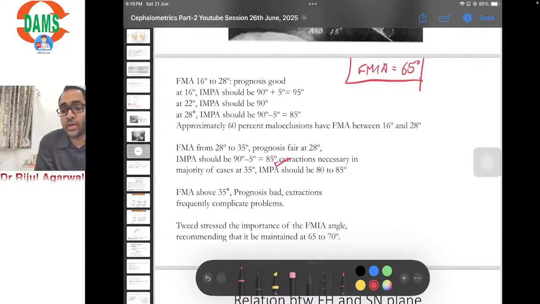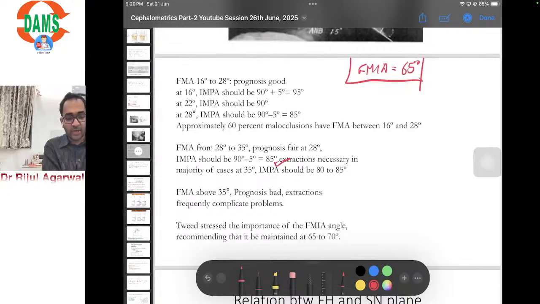How? Because the patient has a vertical growth pattern, their mandible is backwardly rotated, and extracting teeth to correct the IMPA so that the FMIA becomes 65 degrees further deteriorates the aesthetics. Imagine the mandible is back, you have further extracted teeth, and the lower lip also falls back. Hence, he said the prognosis is bad for FMA above 35 degrees.